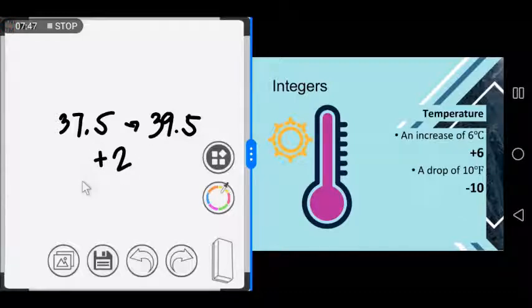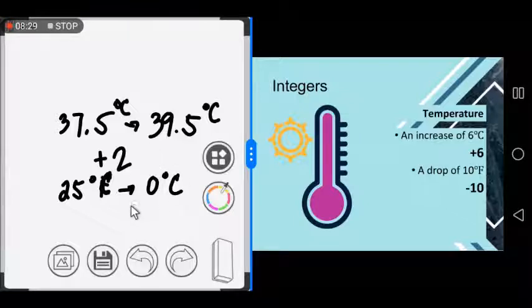Then let's say from a temperature of 25 degrees Celsius, drop to 0 degrees Celsius.